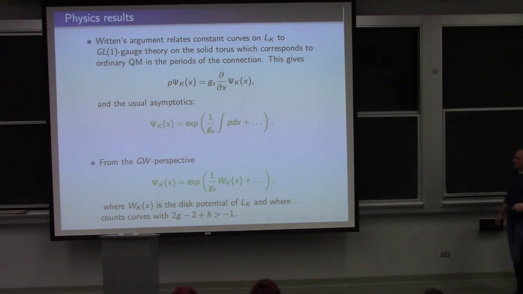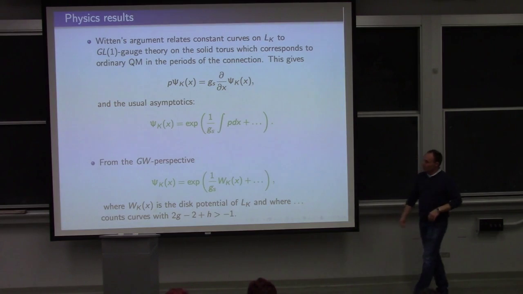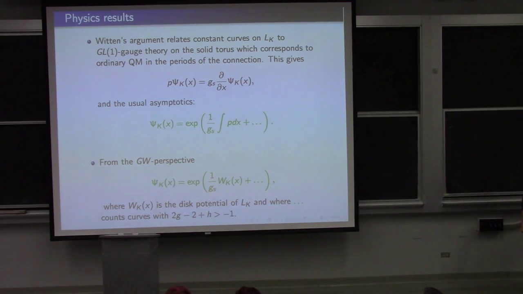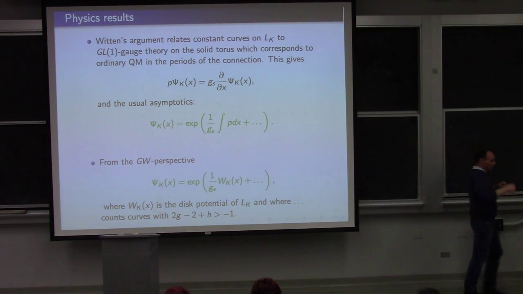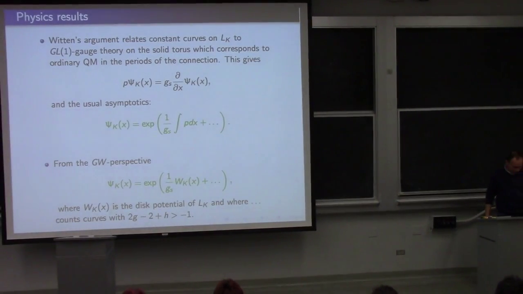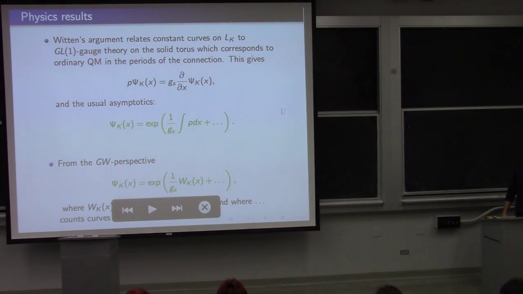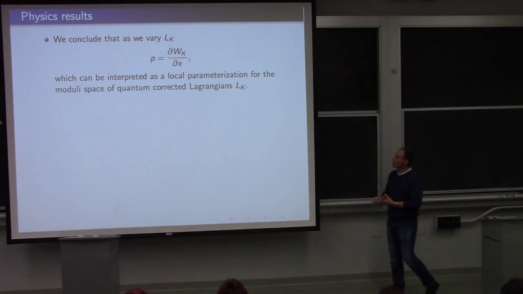On the other hand, if you think about this from the point of view of Gromov-Witten theory, then the leading asymptotics are given by counting disks, right? Then after we count disks, we count more complicated curves, and they come with higher powers of g_s than 1 over g_s. So from this we can somehow conclude that p is equal to the derivative of the disk potential with respect to x.